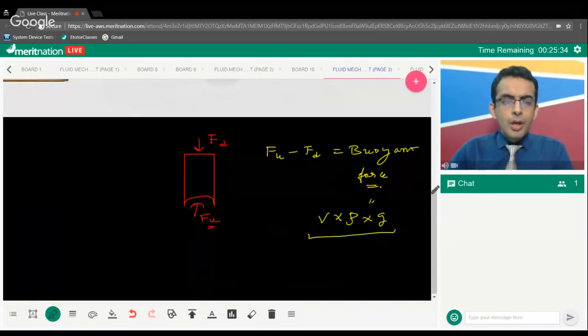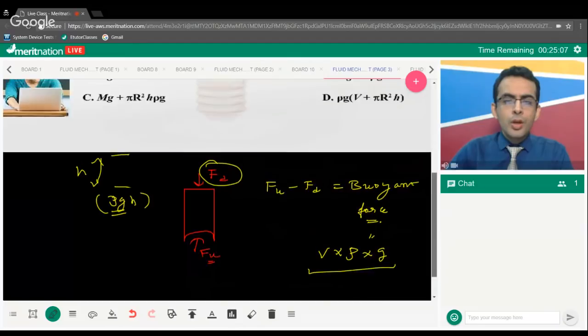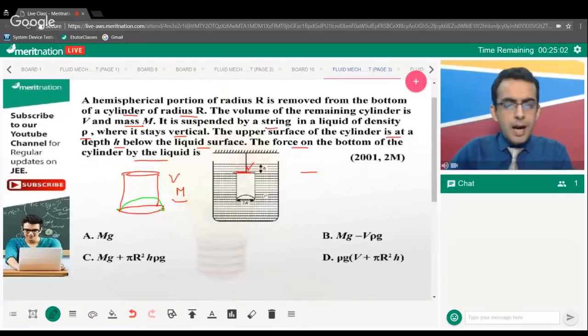Now, if you talk about the downward force, students, you should understand that the pressure difference between 2 points having height difference of small h is equal to rho gh. If the height is small h, the difference of pressure between these 2 points is rho gh, right? So here you see that this part of the solid cylinder is submerged by h height.